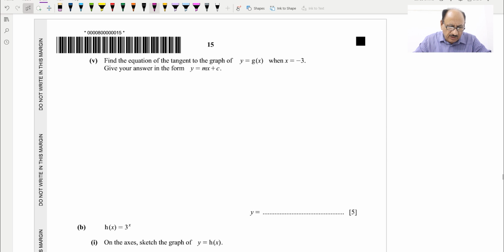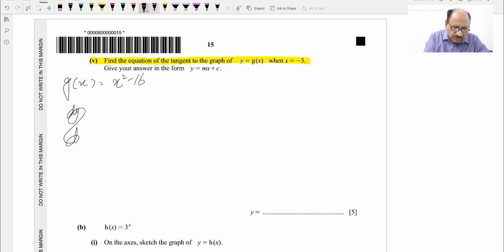Now we can move to the next part, which is the 5th part: find the equation of the tangent to the graph of y equal to g of x when x is equal to -3. So we know g of x is x² - 16, and dy by dx is equal to 2x.